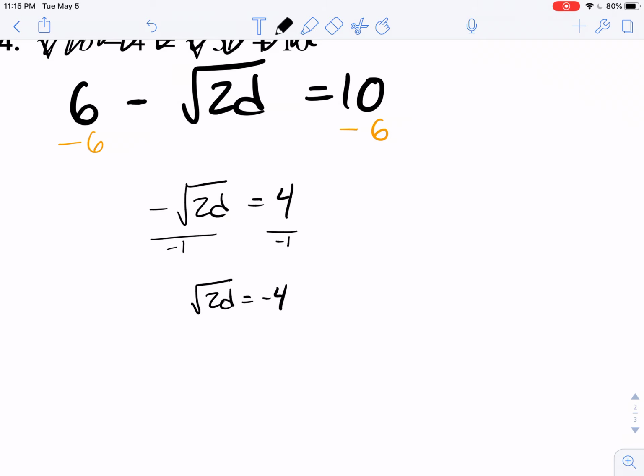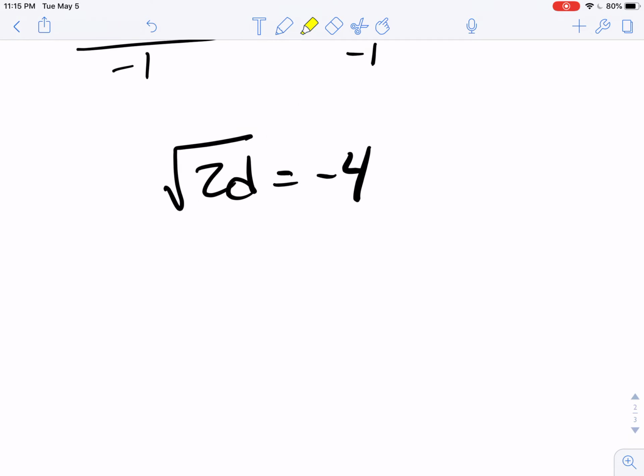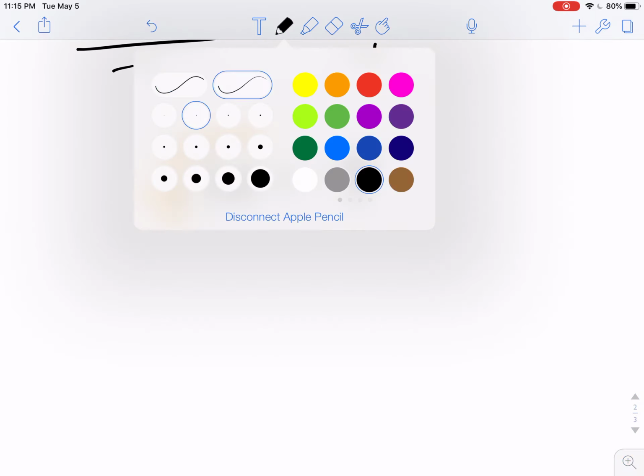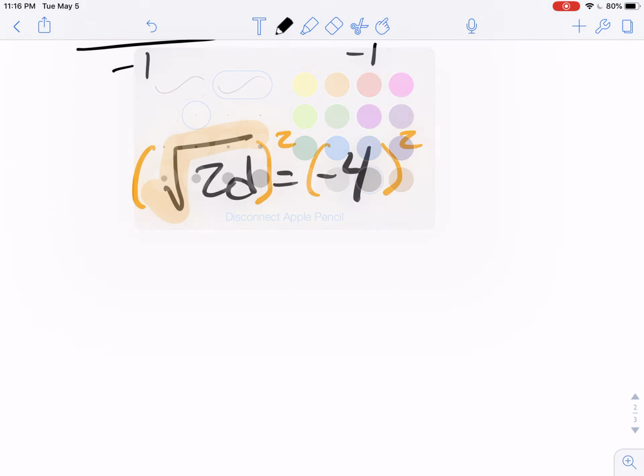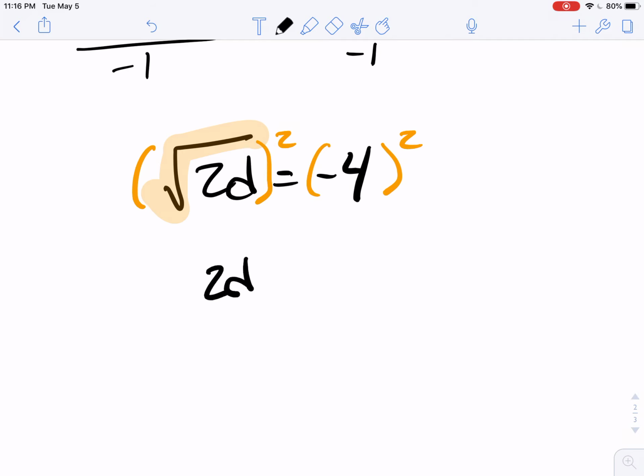Fun. Next, we need to undo our square root. How do we undo a square root? Let's square it, because at this point it's hip to be square. Okay, here we go. We get 2d equals negative 4 times negative 4.